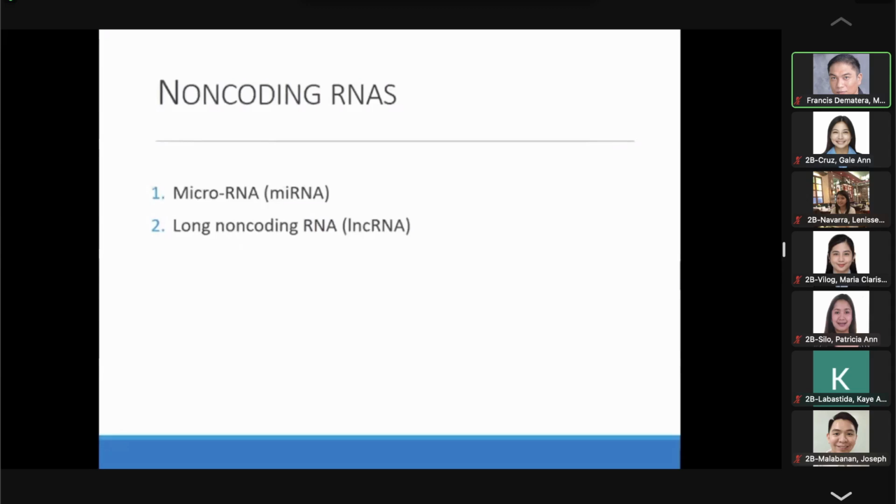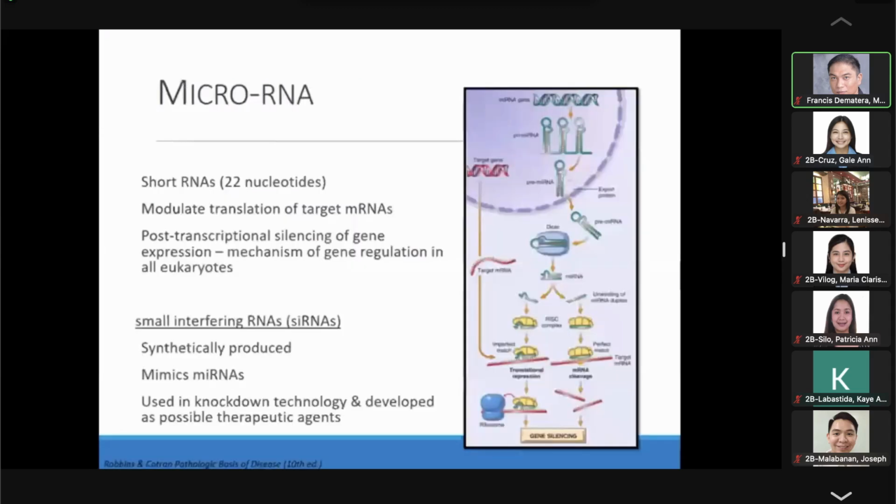So microRNAs do not encode proteins. They modulate translation of target messenger RNAs. So the microRNA genes are transcribed to produce a primary microRNA.